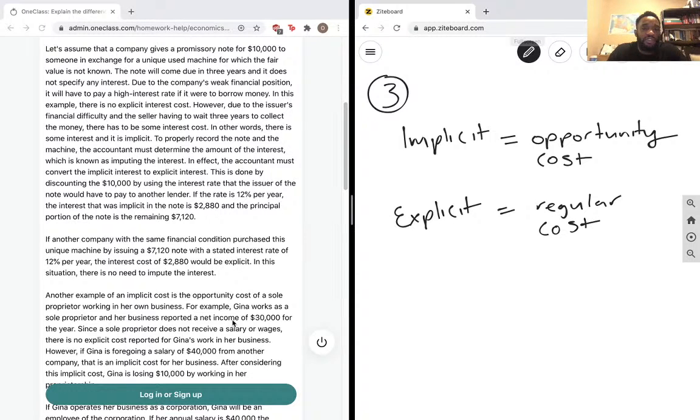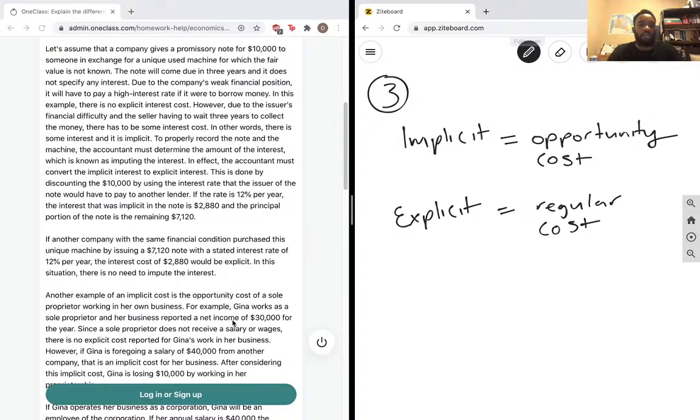Due to the company's weak financial position, it would have to pay a high interest rate if it were to borrow money. In this example, there is no explicit interest cost. However, due to the issuer's financial weakness and the seller having to wait 3 years to collect the money, there are some interest costs. In other words, there is some interest and it is implicit.